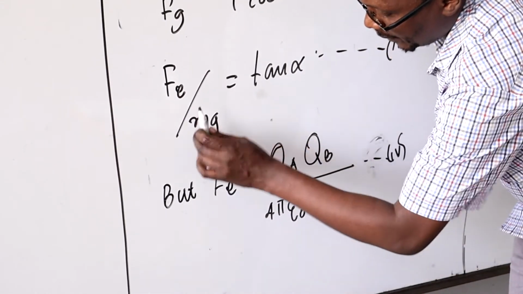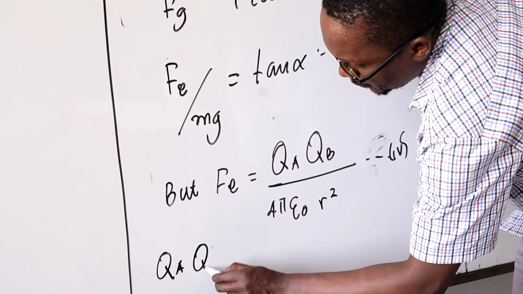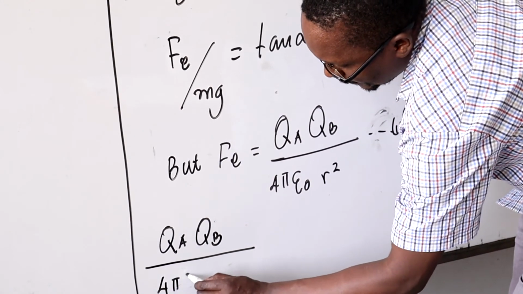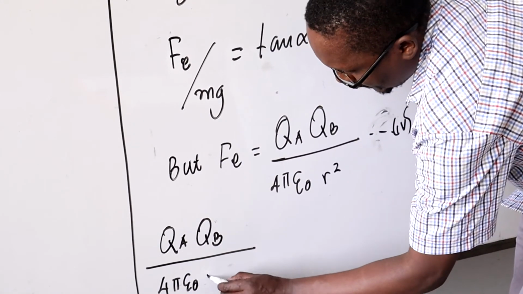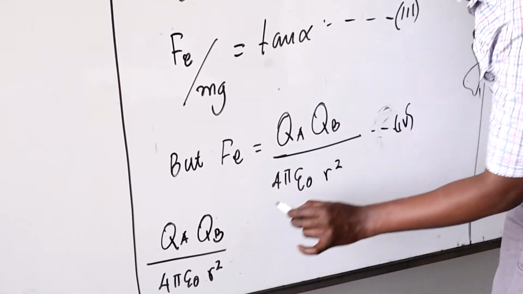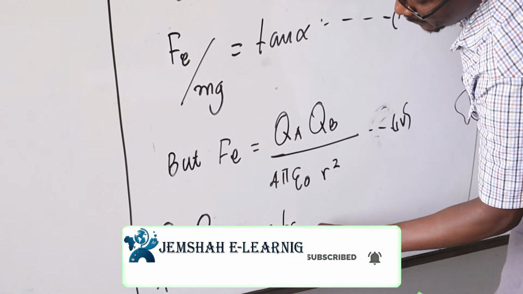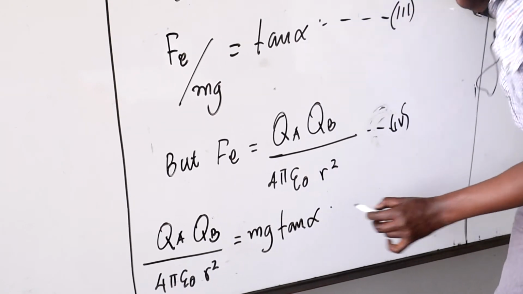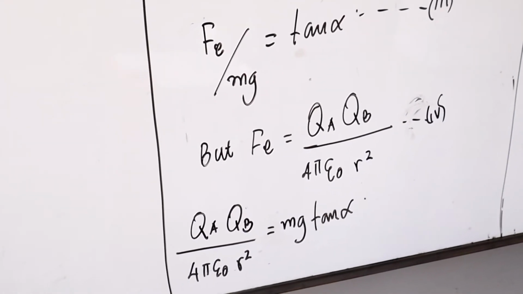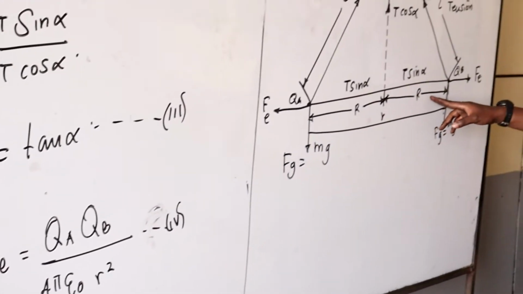Instead of Fe, it will be QA QB all over 4 pi epsilon naught r squared. So I'm taking mg to the right hand side, and that becomes mg, the tan of what? Alpha. Mg tan alpha.